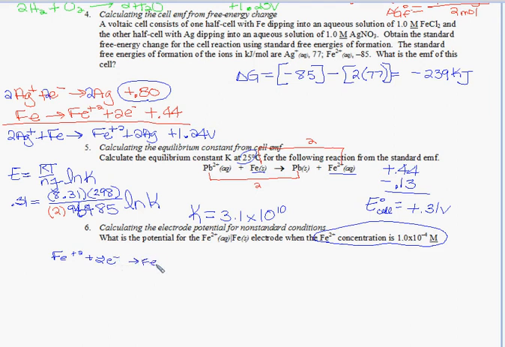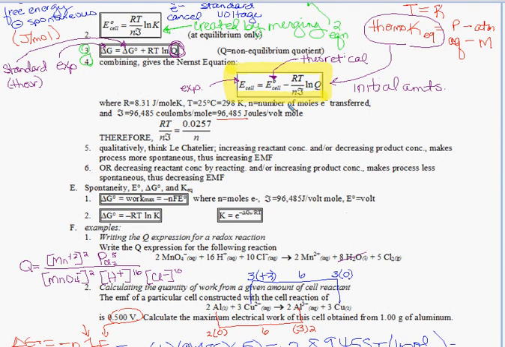Taking the iron ion and turning it into iron solid. For this reaction, because we have this concentration, we want to be calculating with, in fact, the Nernst equation. So keep in mind the Nernst equation is twofold.